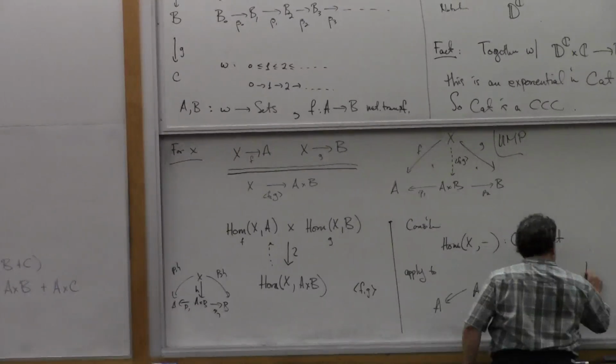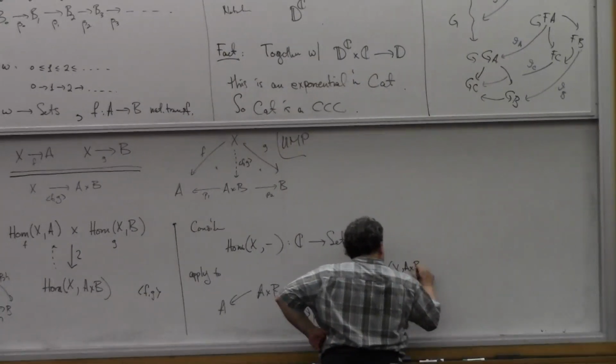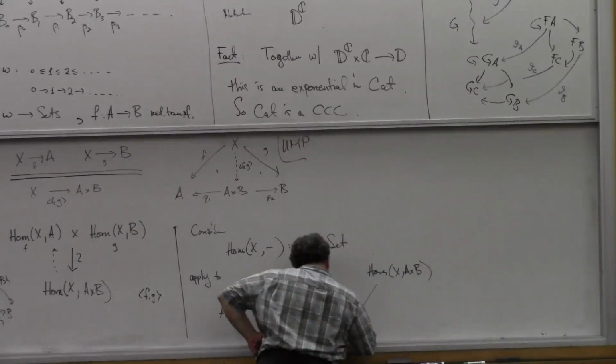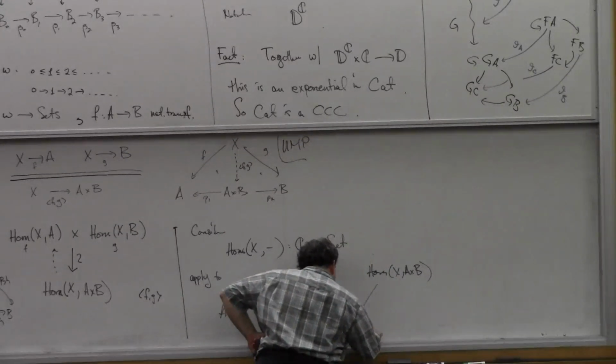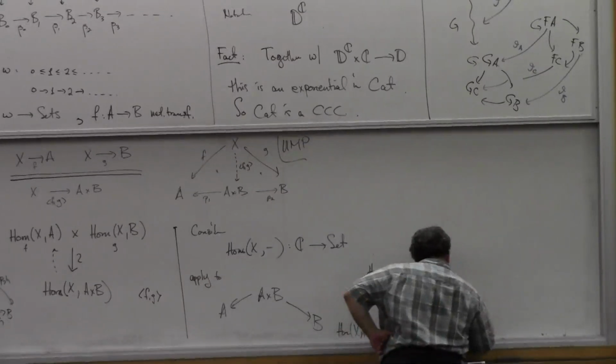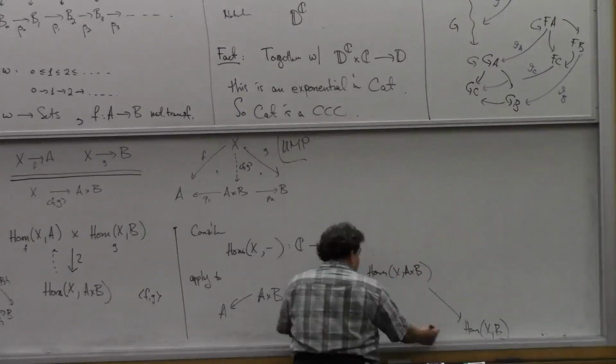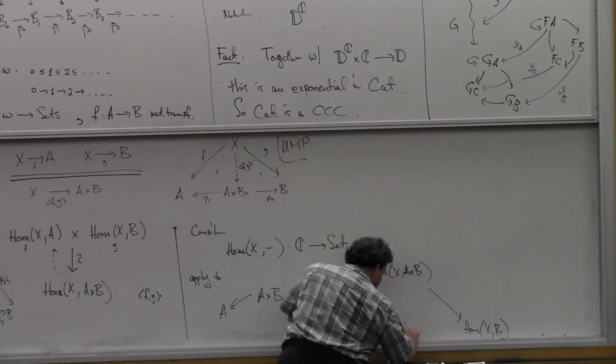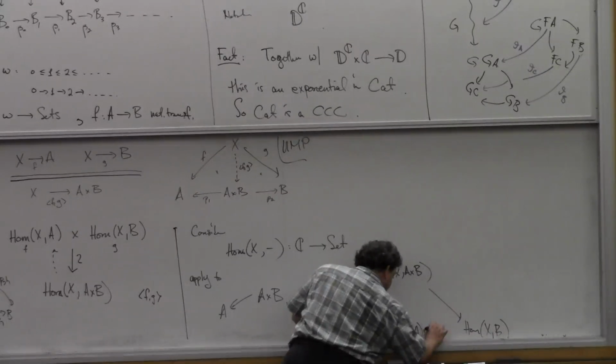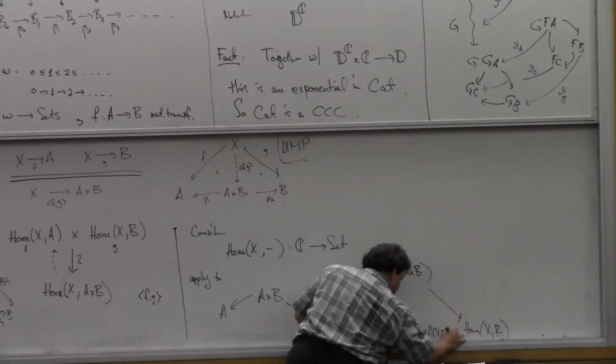Then you get Hom(X, A × B), Hom(X, A), Hom(X, B). Well, but these things have a product, namely Hom(X, A) × Hom(X, B).